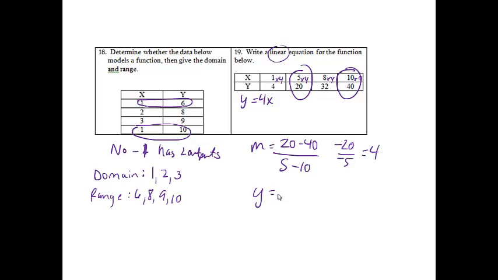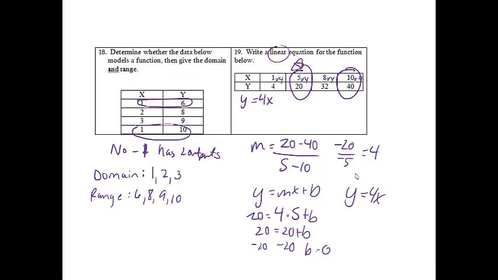And so I'd have y equals mx plus b. And then I get to pick one of the points. I think I'll pick this point right there. So my y is 20, my m is 4, my x is 5, plus b, and I'll get 20 equals 20 plus b. We'll subtract 20 from both sides, so I get b equals 0. So my equation, again, is just y equals 4x. So either way, whatever way makes sense in your brain, is the way you should do that problem.